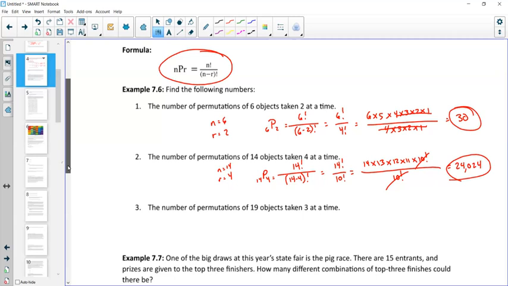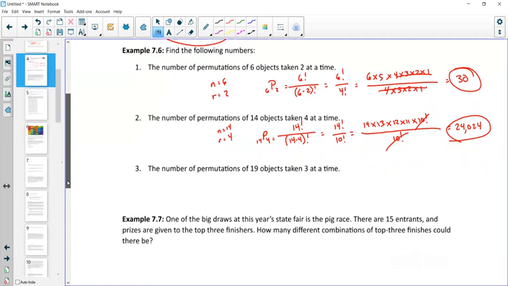Okay, let's look at another one here. Number of permutations of 19 objects taken 3 at a time. N equals 19, R equals 3. 19 factorial over 19 minus 3 factorial, which is 19 factorial over 16 factorial. 19 times 18 times 17 times 16 factorial over 16 factorial.